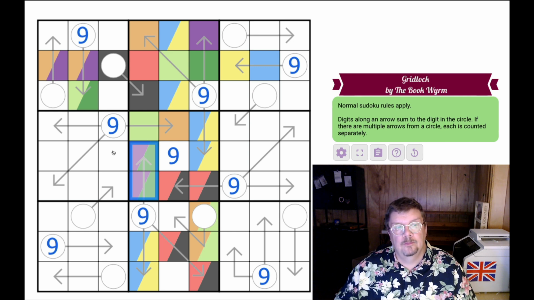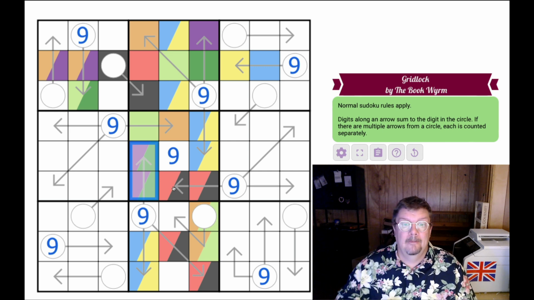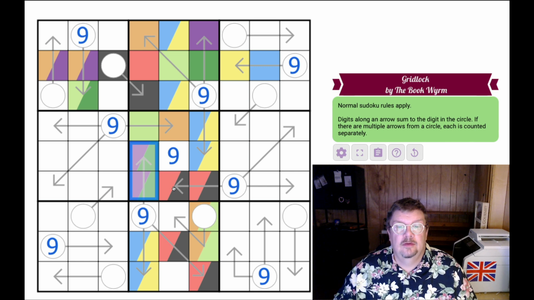So, let's have a look. What can we do next? Okay, this cell here, maybe. It's not going to be red-black.